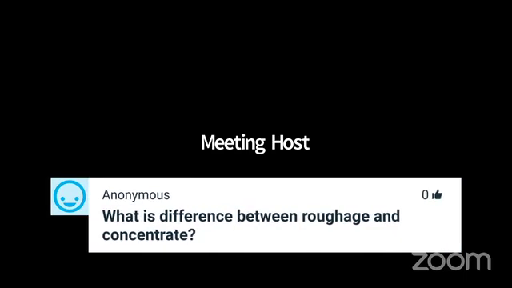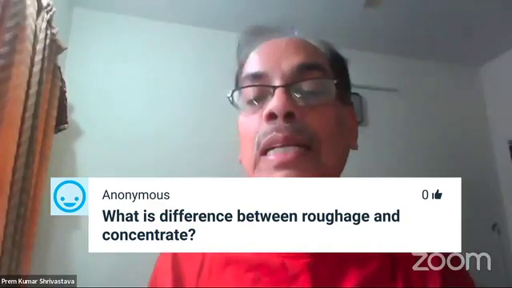Okay. The first question is, what is the difference between roughage and concentrate? That's what I told. Roughage is generally the fodder, which is a grass type, tree type, leaf type. And the concentrate is like cakes, grains, maize, jowar, bajra, these ground grains mixed together.